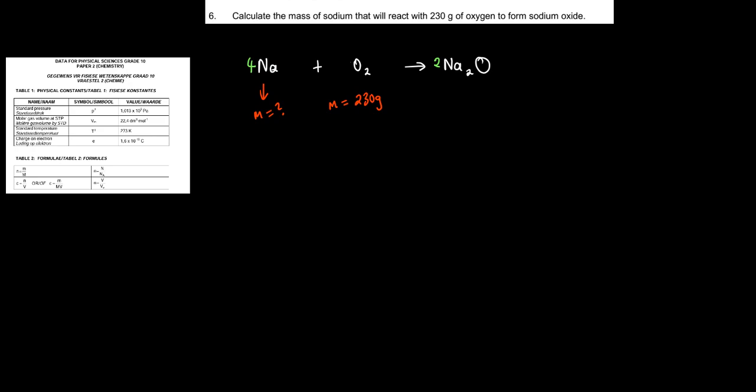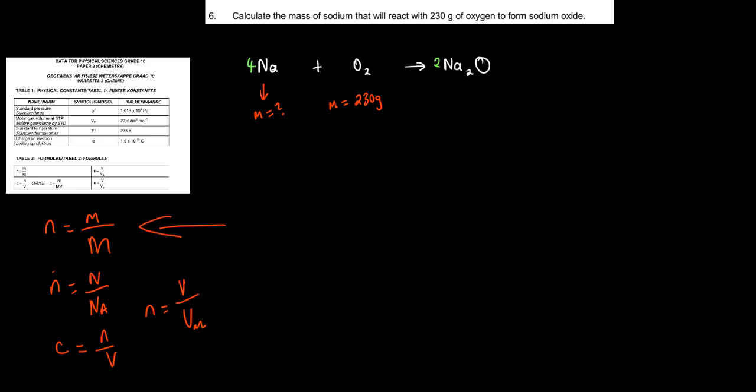So are you going to use this formula, n is equal to m over capital M, or are you going to use this one? Or this one? Well, which one has mass? This one, right? That's the one with mass. So that's the one we use, guys, to convert that mass to number of moles. So we're going to say number of moles is equal to mass over the capital letter M.